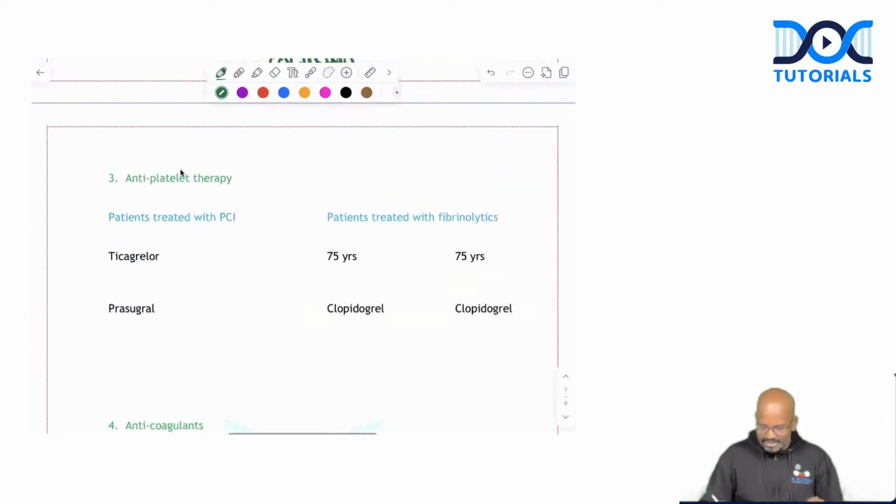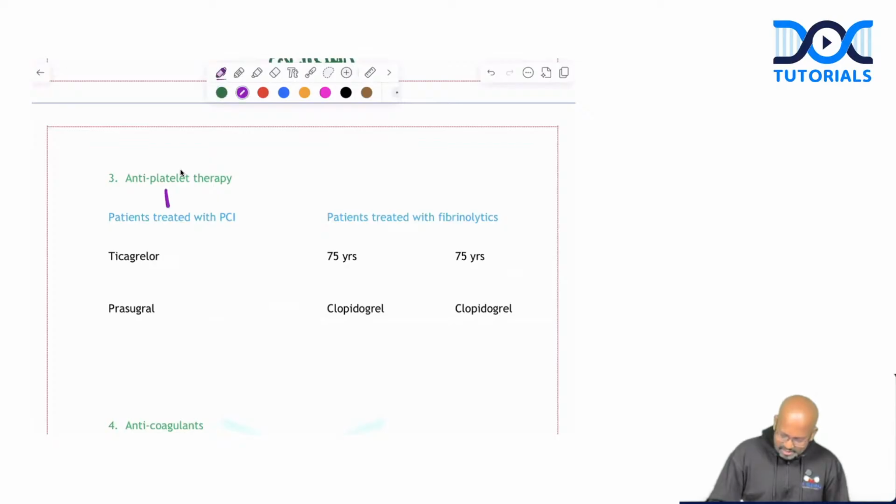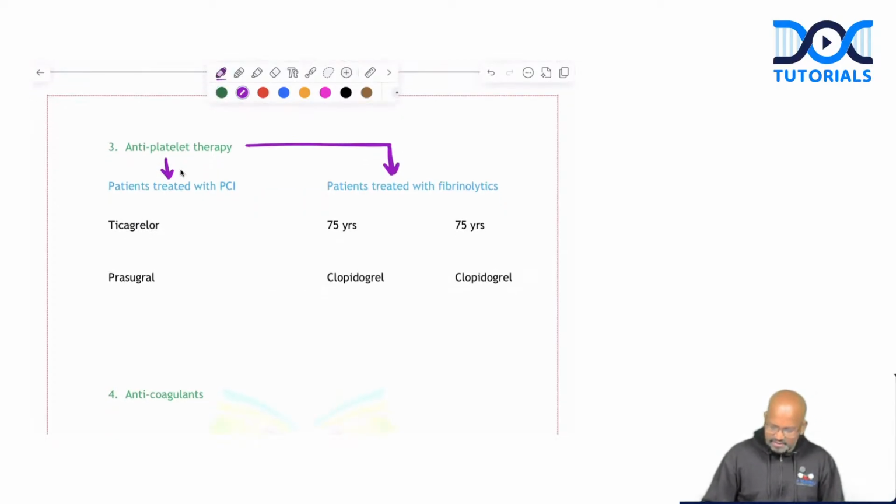What about the antiplatelet therapy? If the patient is being treated with percutaneous intervention, or if the patient is treated with fibrinolytics. For percutaneous intervention, we can opt for ticagrelor, guys. Ticagrelor, all of these drugs are P2Y12 receptor blockers, antiplatelet drugs.